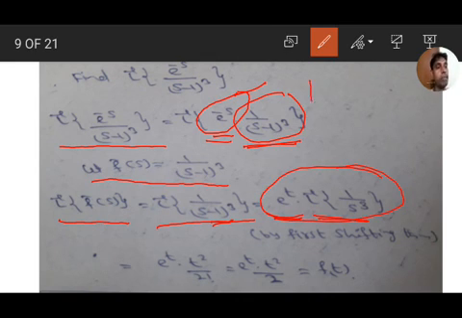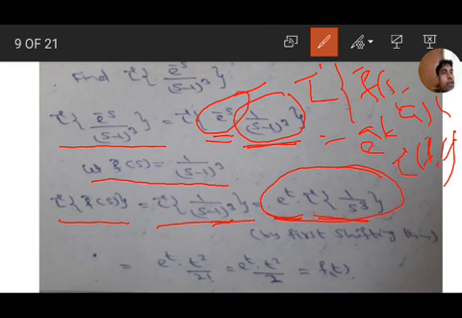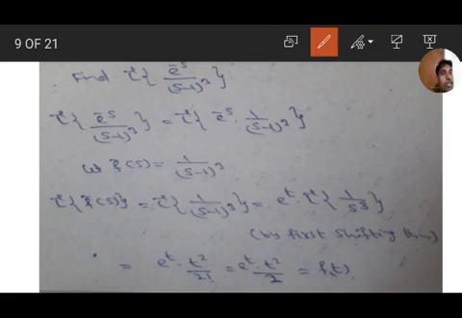First shifting theorem is L inverse of f bar of s minus a equal to e to the power of at into L inverse of f bar s. That is the first shifting theorem.